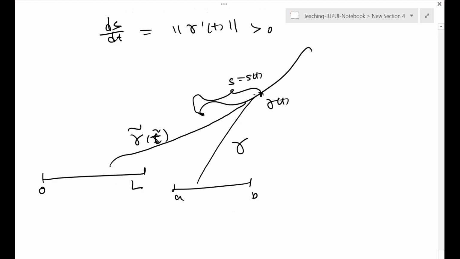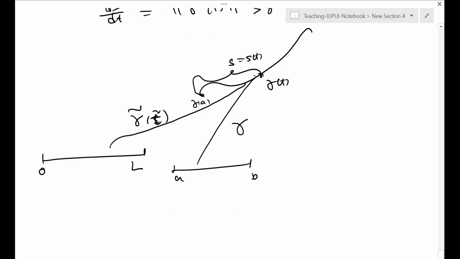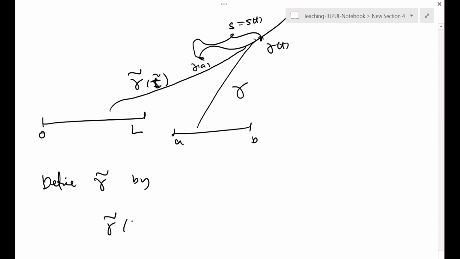That's how you can define it. T tilde is going to be the length from gamma A, right, to gamma T. Define gamma tilde by, if T tilde equals S of T.